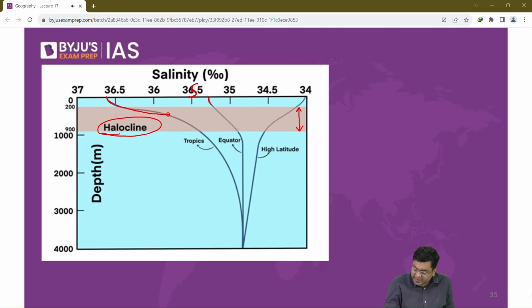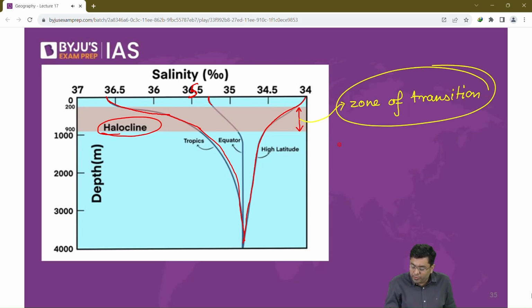Here you will observe that the salinity suddenly reduces as you go to the bottom. In the higher latitudes as well, the salinity varies to come to the consistent level at the bottom. So that is where you have the zone of transition, and this zone of transition is halocline.